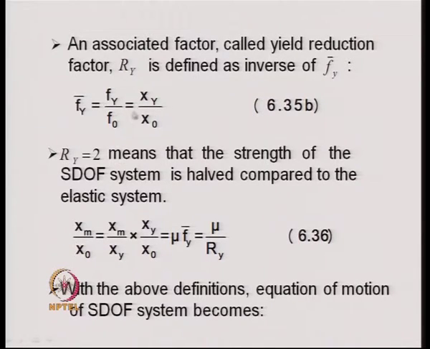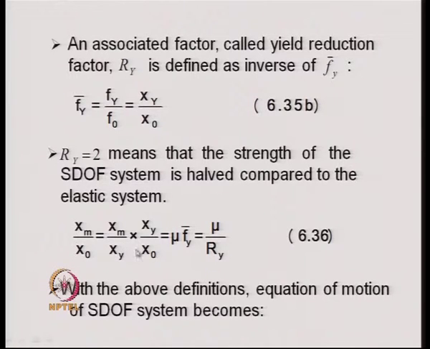Now, with these equations 6.35b, one can write down another equation which is given in 6.36, that is xm by x0, the maximum displacement that can take place in the elastoplastic system divided by the maximum displacement in the corresponding elastic system.